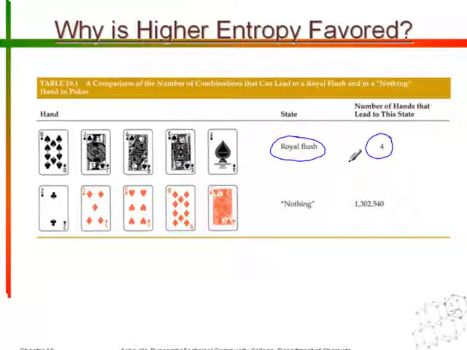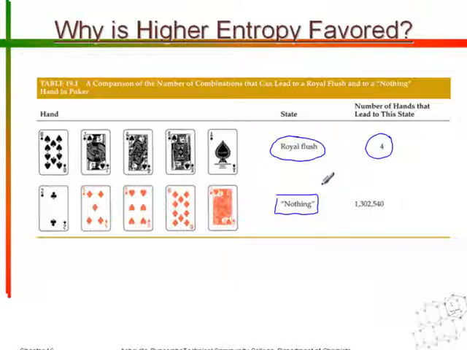And it's highly unlikely, highly unfavored, that you're actually going to get a royal flush in poker. Whereas what are the chances of being dealt 5 random cards that match with no special hand in poker? Well, the number of combinations where you actually get nothing is well over a million, much higher than the number of combinations where you get a royal flush.